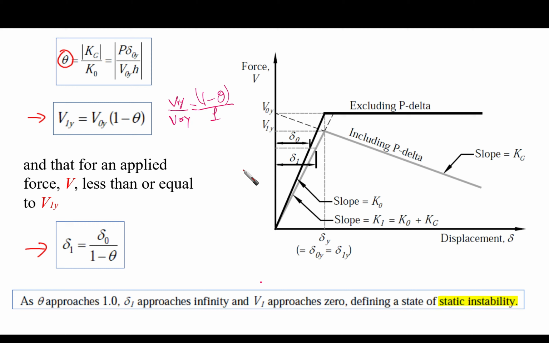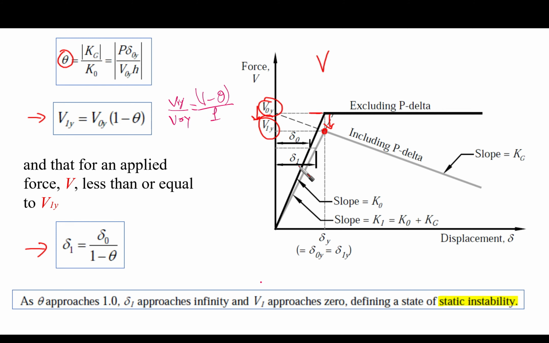So, as we have said here, if you look at V1 of the structure, you're going to find that it has been reduced. It was V node and then reduced to V1 yield. How much reduction happened here?